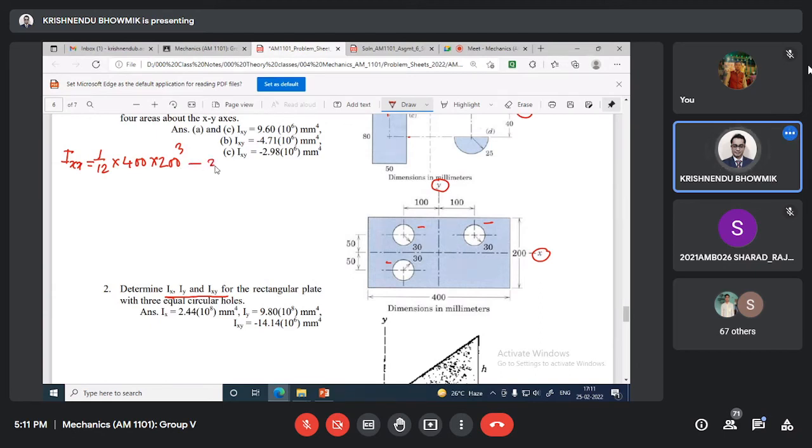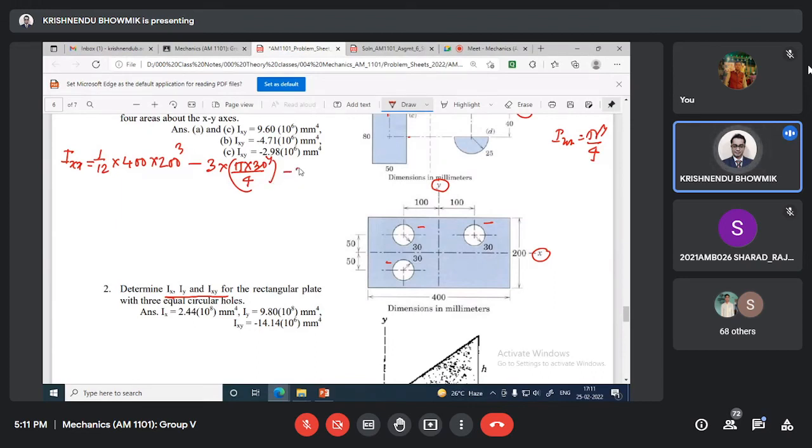So minus 3 multiplied by pi multiplied by 30 power 4 by 4. This is the I value, IXX, pi r power 4 by 4.